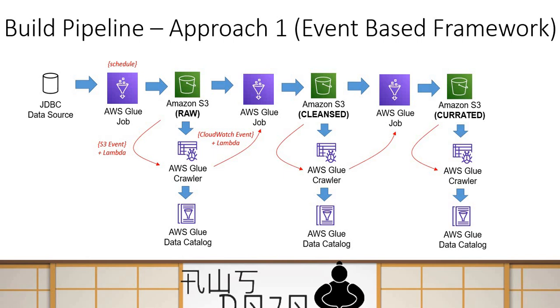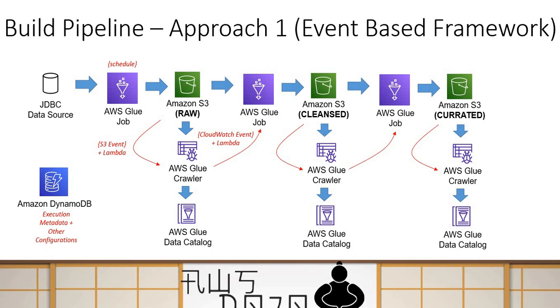Now this is a fantastic approach, and don't think of it as hard coding. It's not that this Lambda function has this glue job hard coded, or this Lambda function has this glue crawler hard coded. Actually, what people do is maintain this kind of execution metadata and configuration, say in a DynamoDB table.